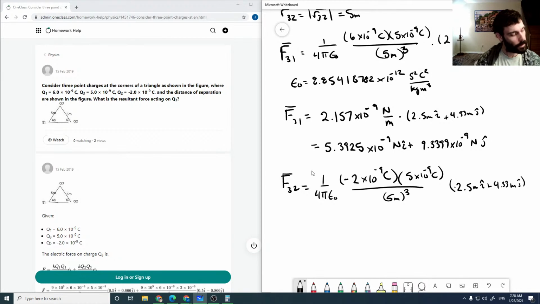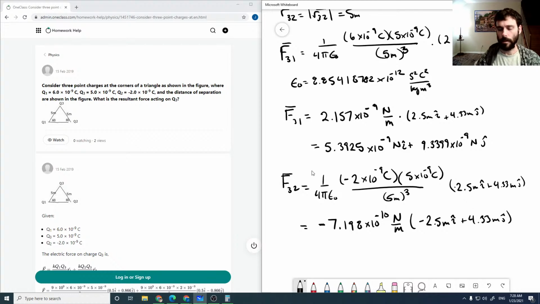Okay, and so this is going to be minus 7.198 times 10 to the minus 10 newtons per meter times our minus 2.5 plus our 4.33. And that used the same epsilon naught as I used above, obviously.